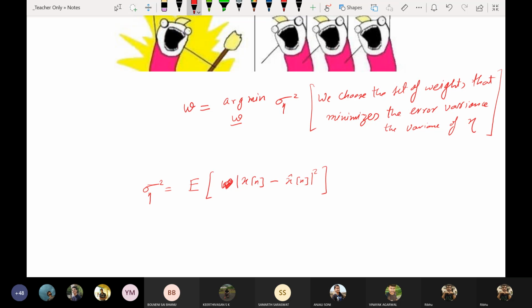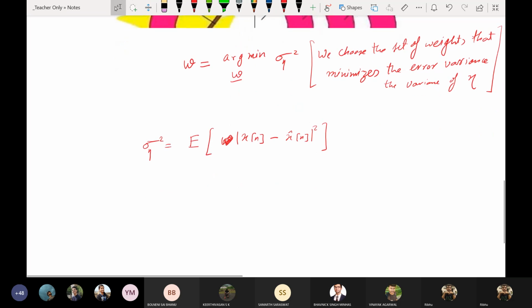We agree on this? So this equals expectation of xn minus summation k equal to 1 to P, wk conjugate xn minus k.